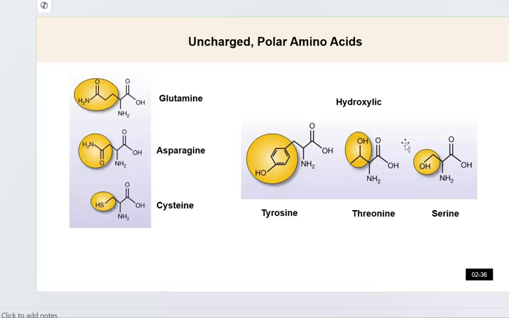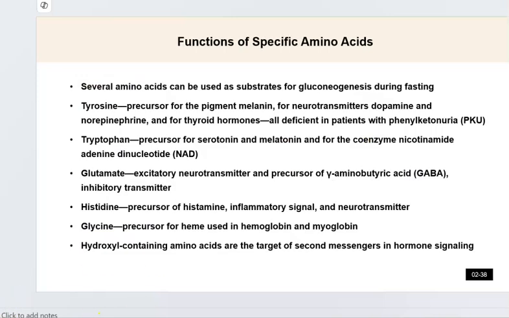So again, we typically say that the amino acids are building blocks, right, for protein synthesis, but these individual amino acids also can serve very specific functions in the body. Remember that our individual amino acids can be used as energy sources because they can be used as substrates for gluconeogenesis during fasting, right?